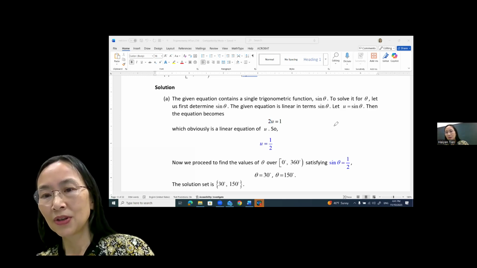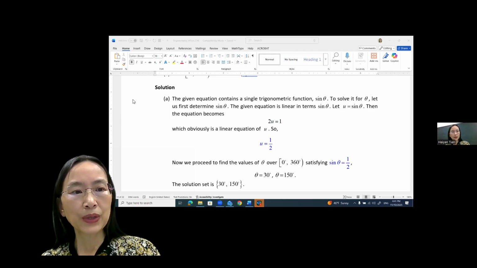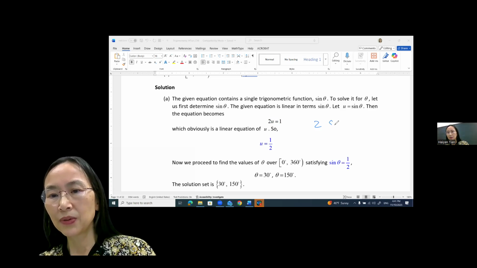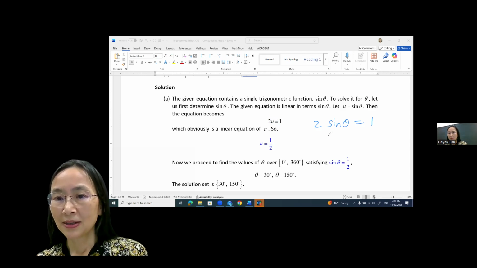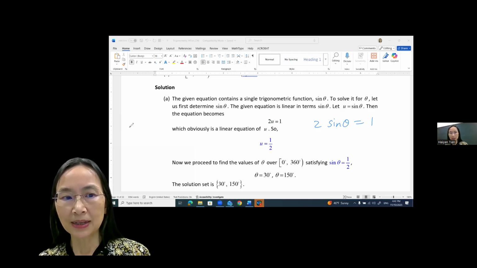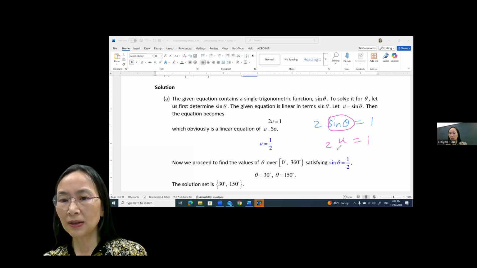So in the problem, when we see an equation like this, it looks intimidating, maybe, but as soon as you name it, let's call it u, then you see it's just a linear equation of one variable.